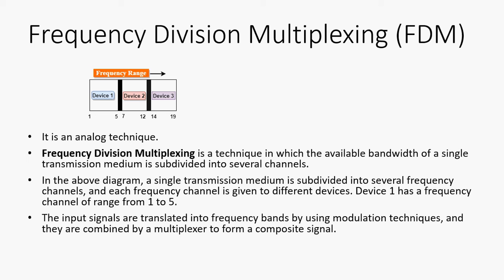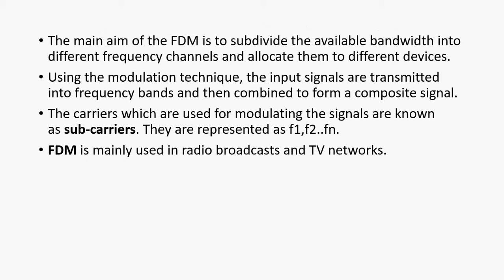The input signals are translated into frequency bands by using modulation techniques, and they are combined by a multiplexer to form a composite signal. The main aim of this technique is to subdivide the available bandwidth into different frequency channels and allocate them to different devices. This technique is mainly used in radio broadcasting and TV networks.